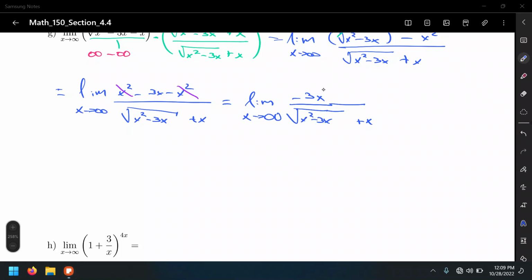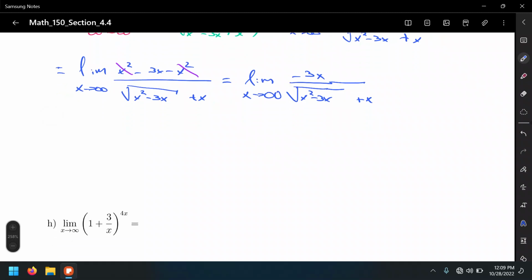The order in the numerator is degree 1. The order in the denominator, well, it's a radical, but the highest degree term inside of the radical is 2, and the square root of x squared technically reduces to x to the first power. So there's going to be a pretty cool cancellation in there.